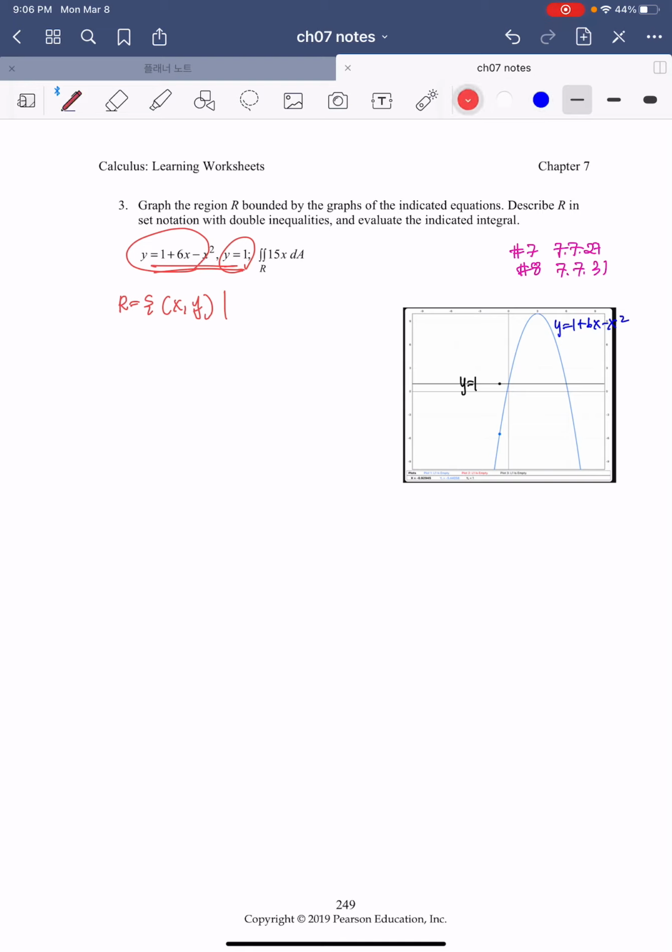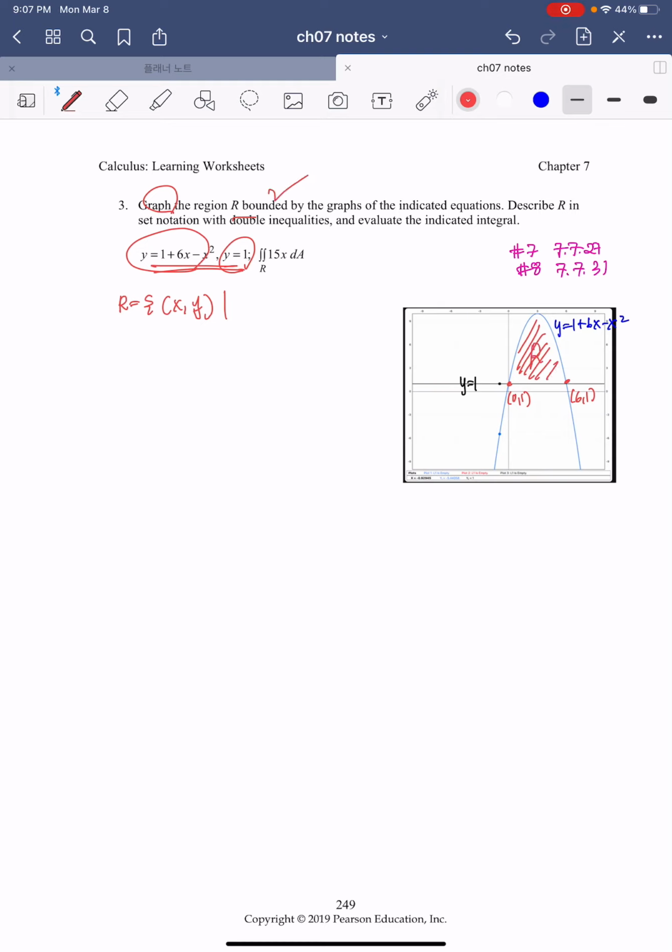And then the intersection points right over here and right over here, that was (0, 1) and then (6, 1). So it looks like my graph of region R is covered by this area. So that will be the graph.